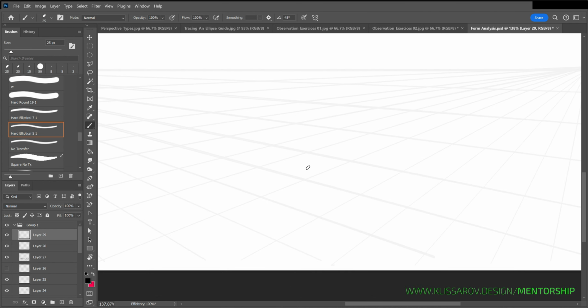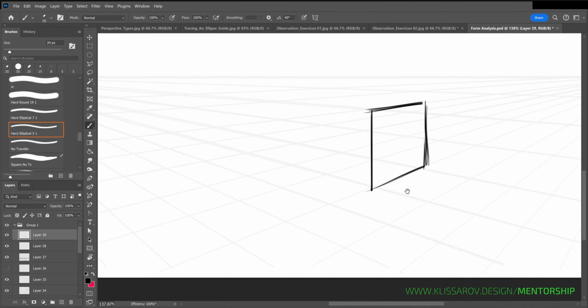I can decide that my square is here, because there are no interrelations at this stage. The only thing I need to get right is a real square, because if I do it like that, it's not the right proportion. This is closer to a square, so I need to be able to do that properly.